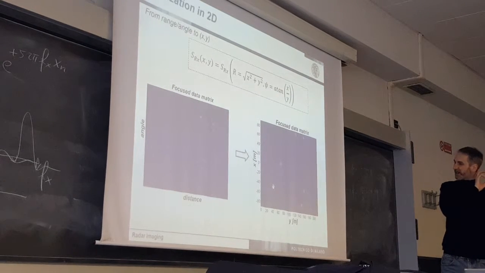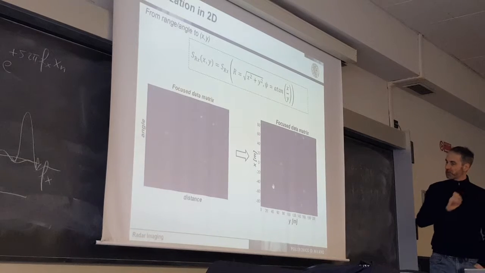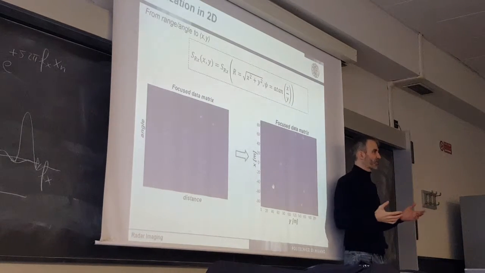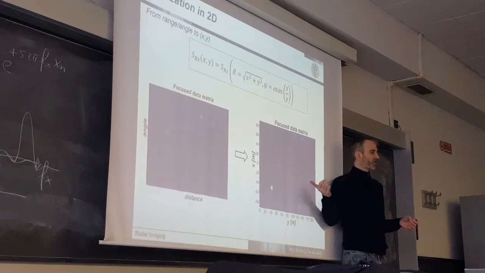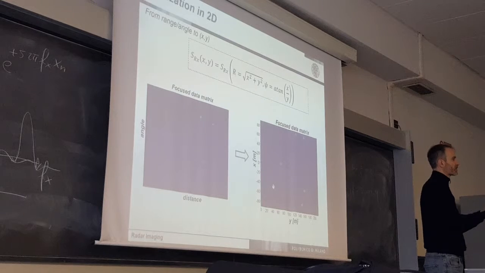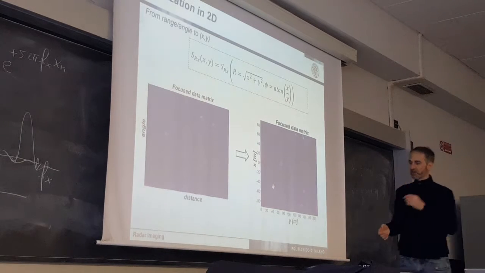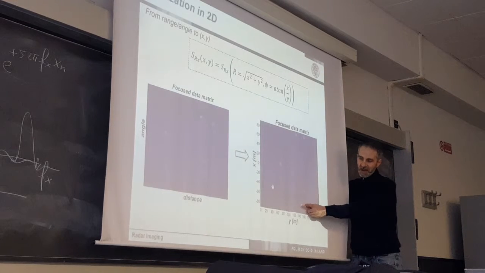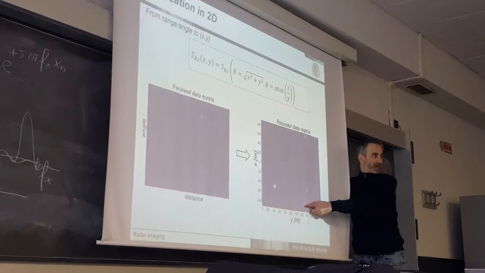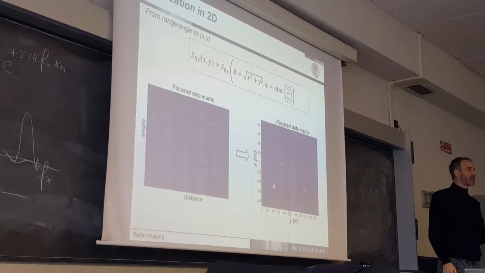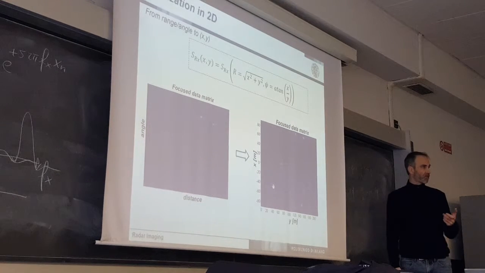A thing that I did not mention, this is not just a peak detection. So we are not doing this just to see the position of some target. You also have a third information, which is the amplitude of this target. Of course, this amplitude is connected to the radar cross-section of this target.